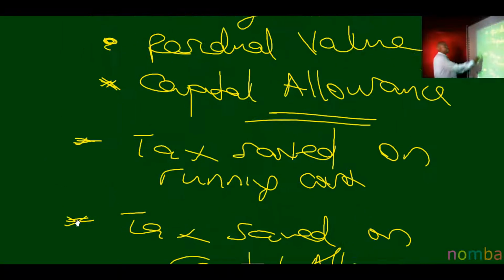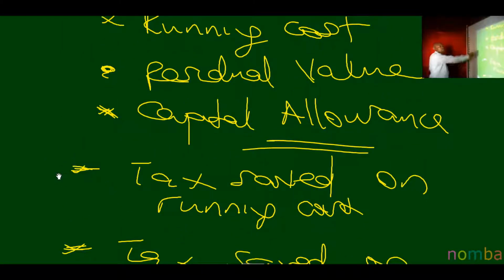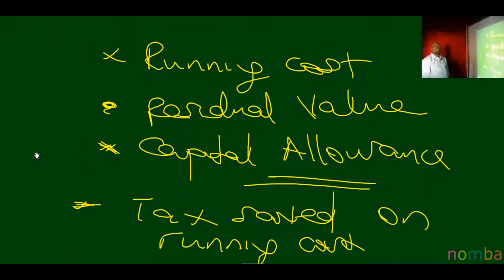So all these items make up the cash flow over the useful life of the assets. So in solving any question, you need to consider the running cost of any asset given over the useful life of the asset, the residual value of the asset at the end of each year, the capital allowance, which is the relief which is claimable on the asset or on qualifying expenditure.